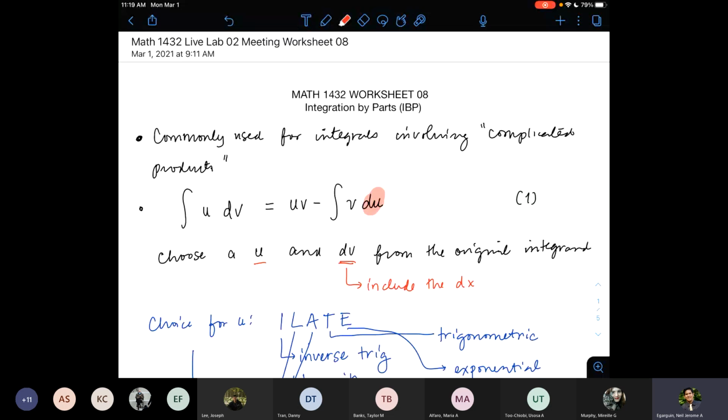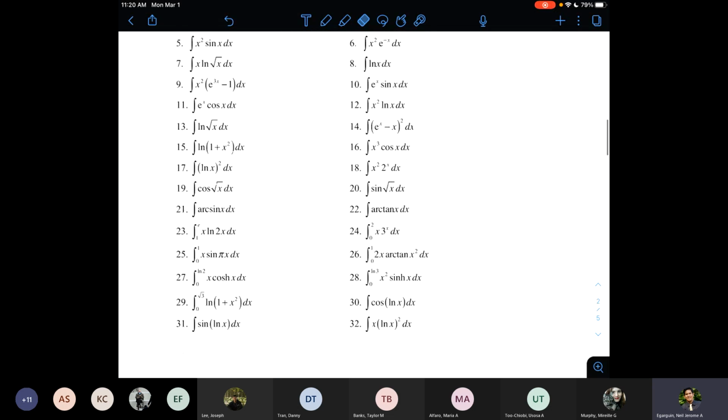So when at some point in our solution, as we keep using IBP, du is equal to 0, then the integral will be gone. So that's why I also want u to be chosen as a function that will eventually have a derivative equal to 0, right? And perhaps tabular IBP will show you why that happens.